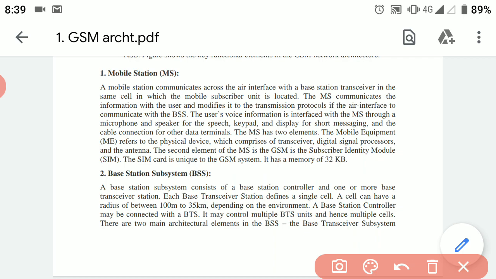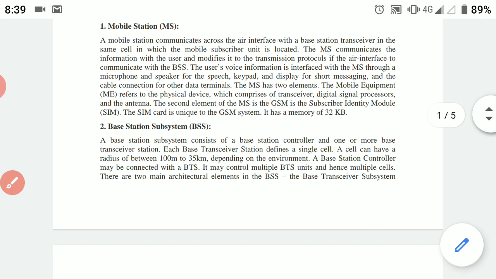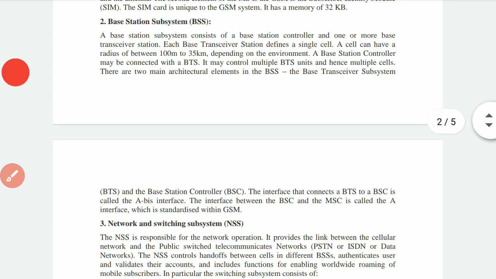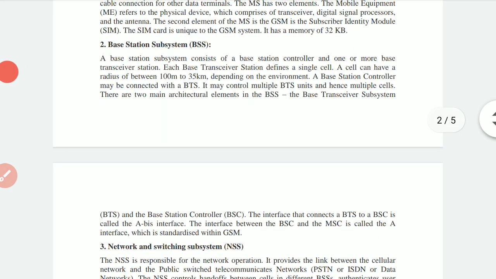Now the next important system is the base station subsystem. A base station subsystem consists of a base station controller and one or more base transceiver stations.